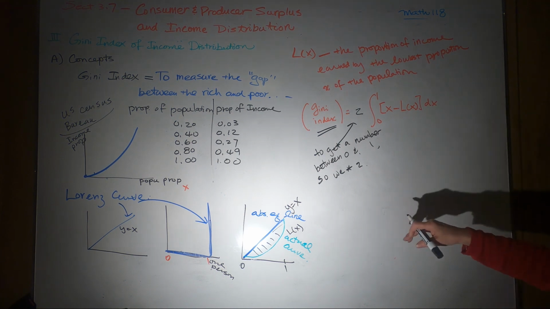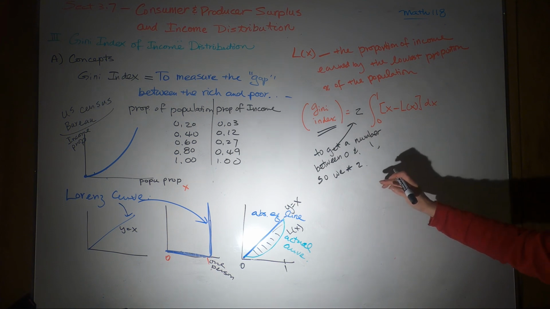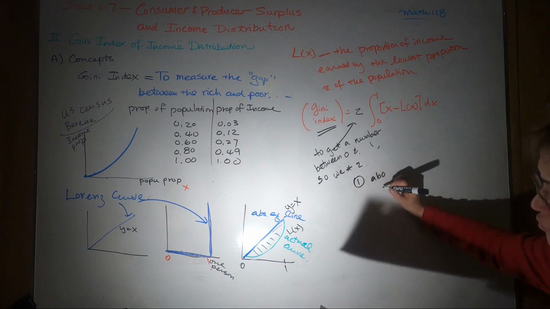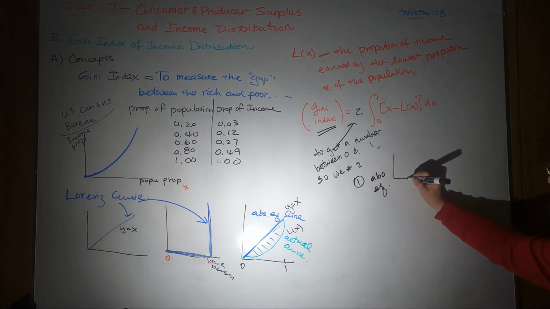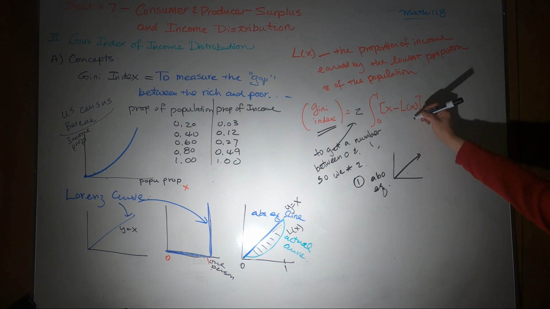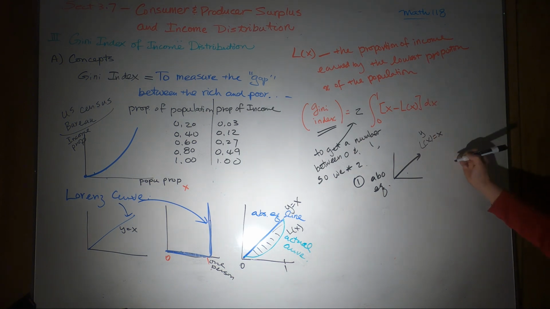So when we have this situation, take a look. If it's absolutely equal for everybody, that means everybody makes the same income. So that would be this one, right? The Lorenz curve would be your y equals x.